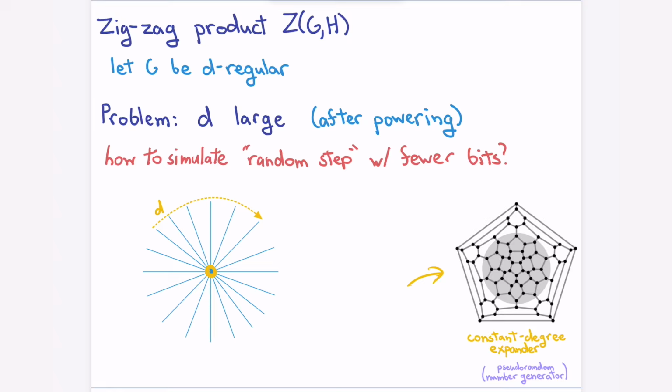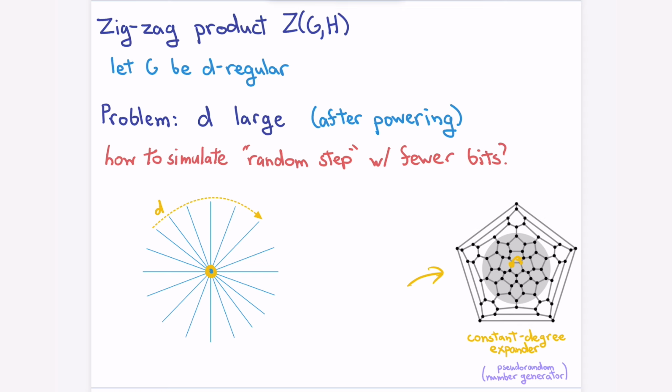Over here think of this as some pseudo random number generator inside your computer. So your computer state is somewhere here. And this is a constant degree graph. And you don't have that many random bits to spare. So you don't have enough random bits to choose one out of D, but you have enough random bits to take, say, one step in here. So you'll take one step and it'll go here or something.